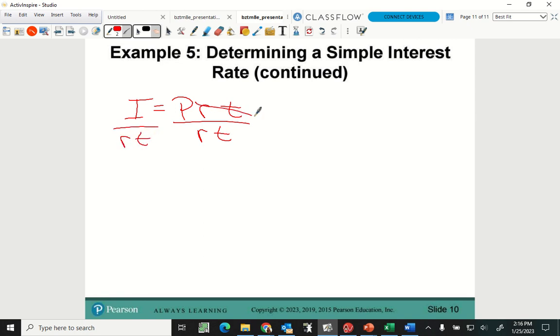And the right side over here, those will cancel, so I should get P is equal to I divided by RT. That's a little simple algebra. Could you do that for any of these things? Yeah. You could do almost the exact same step to find the R or the T. So that's kind of what I wanted to show you there.